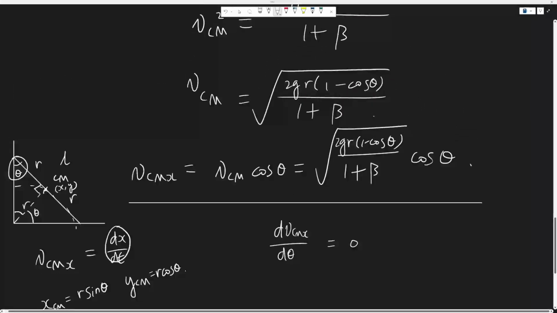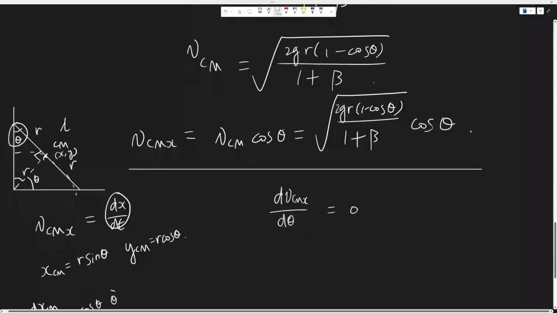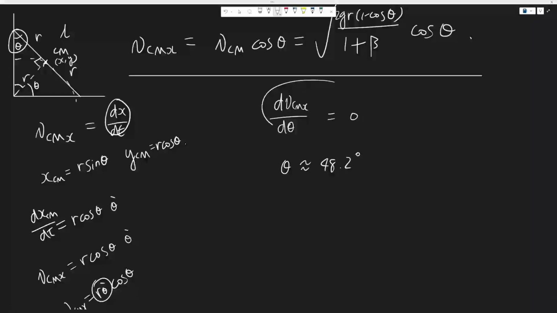Let me just grab my calculator. We find that when theta is about 48.2 degrees, the derivative is 0.